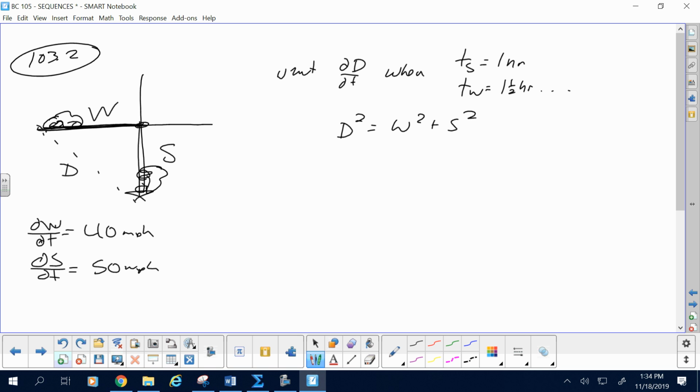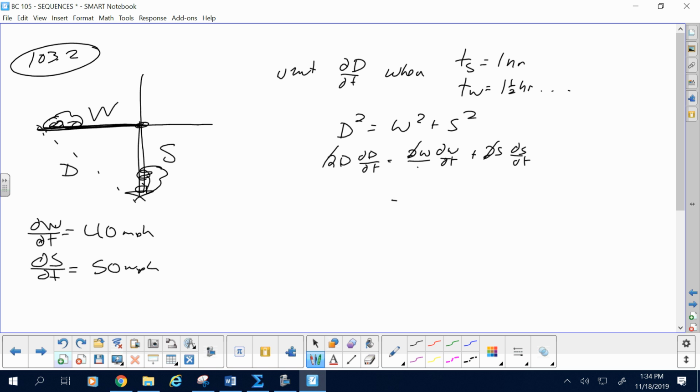I would normally try and make some kind of substitution, but I didn't come up with anything, and I have quite a bit of information, so I'm just going to keep the 3 variables and take the derivative. 2D dD/dt is 2W dW/dt plus 2S dS/dt. So I'm going to divide out a 2 from each.